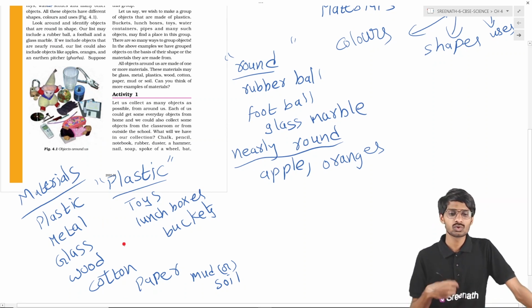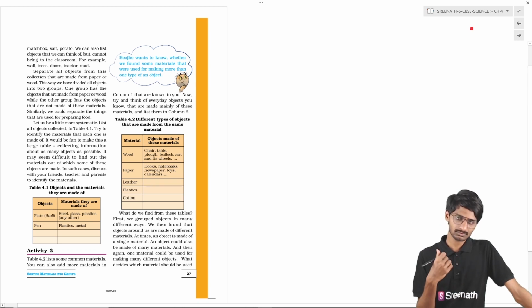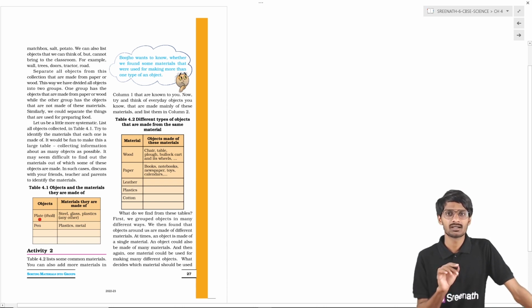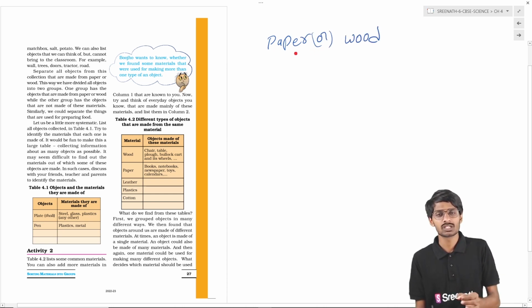Okay, students, so now what will we do? We will collect all the possible objects around us, the objects which we use every day, and make them into a table. Like this. So now we will make some groups. First, separate paper or wood based objects, which are prepared using paper or wood.